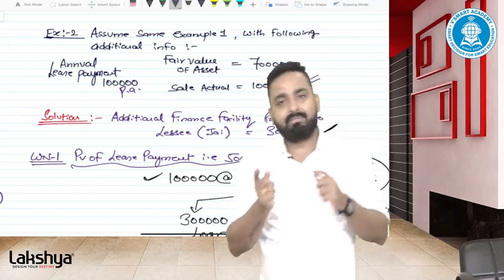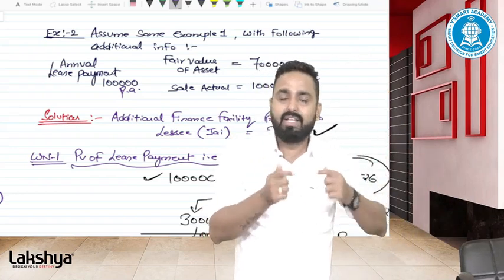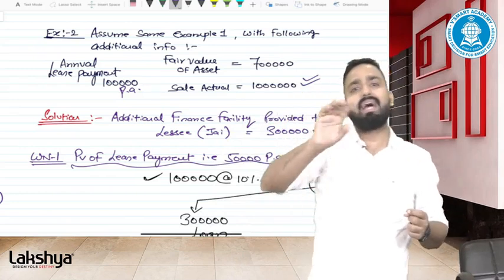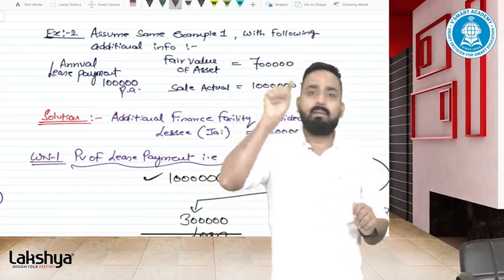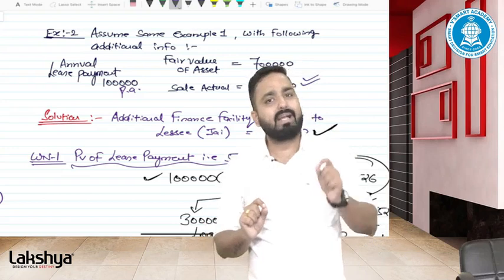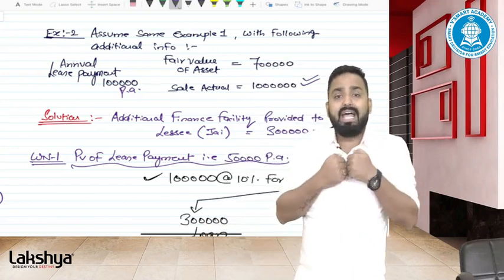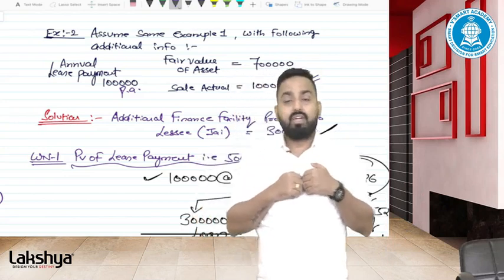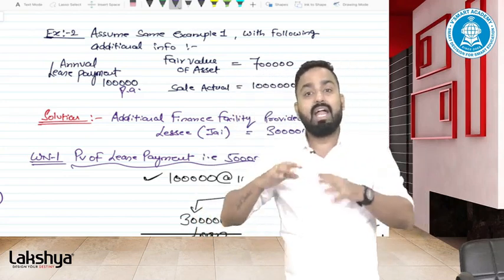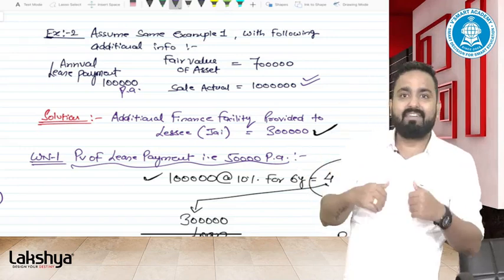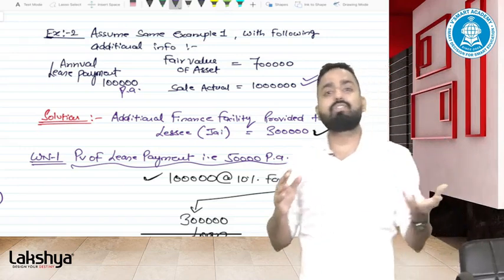See, in the session before the break, we already understood the purpose behind sale and leaseback. The ultimate purpose behind sale and leaseback is the arrangement of funds. So I am in need of funds. I need higher funds, and the asset's value is lower.